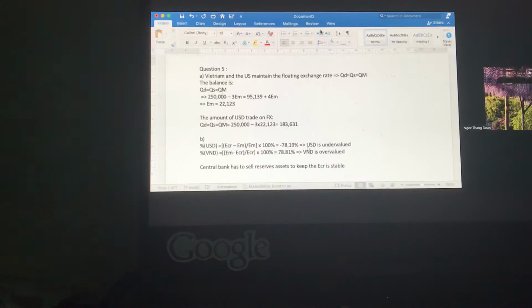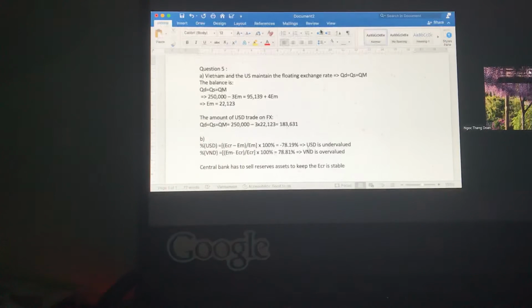Okay, please take the calculation. In question B, assuming that Vietnam maintains a fixed exchange rate regime at the central rate of 21,950, you have to compute the percentage of undervaluation or overvaluation. Please correct this term by yourself, I made a mistake here. It's not appreciation and depreciation.